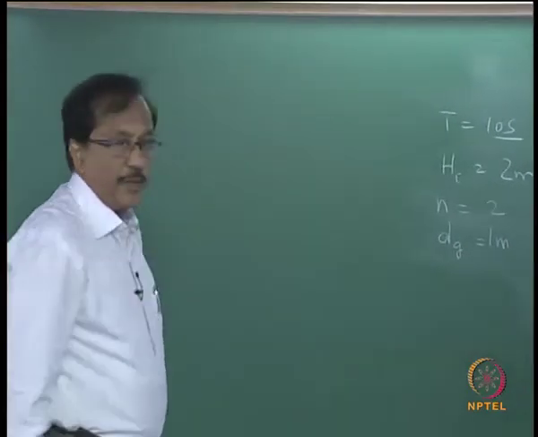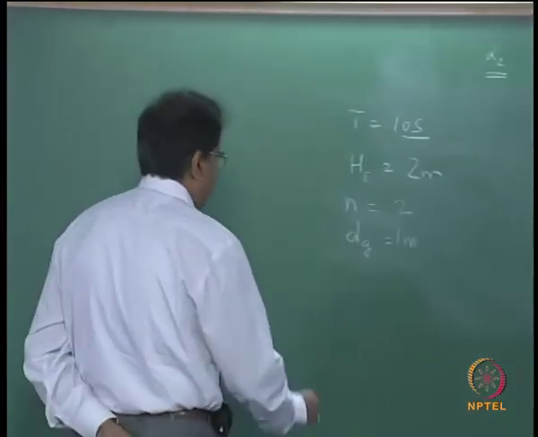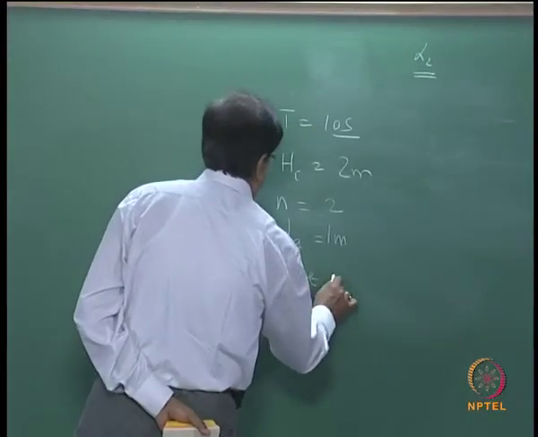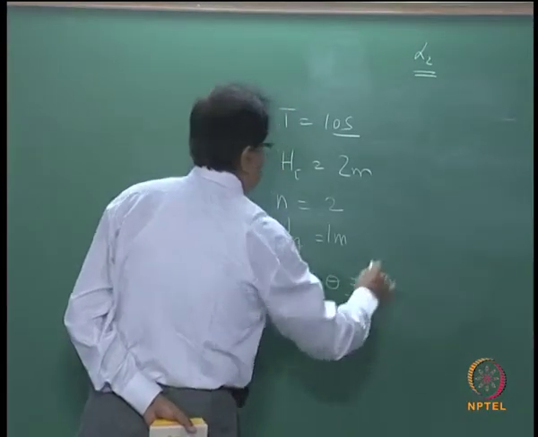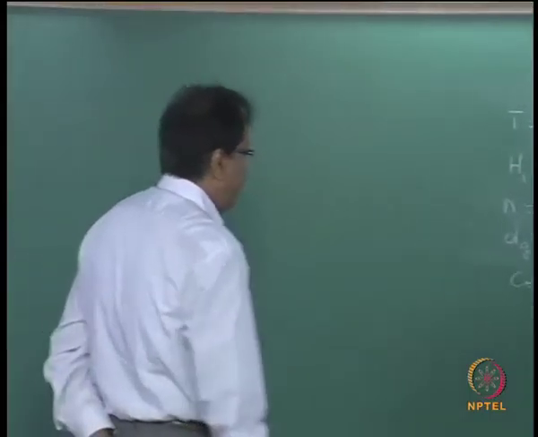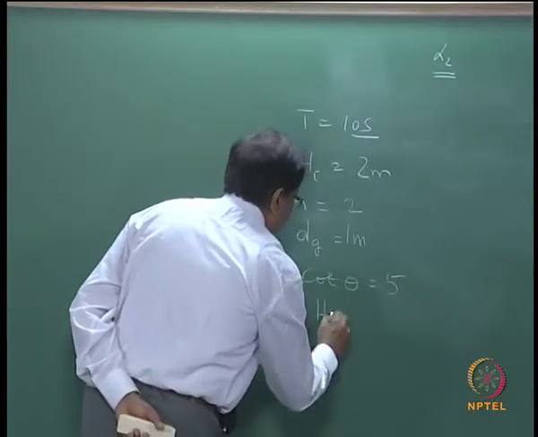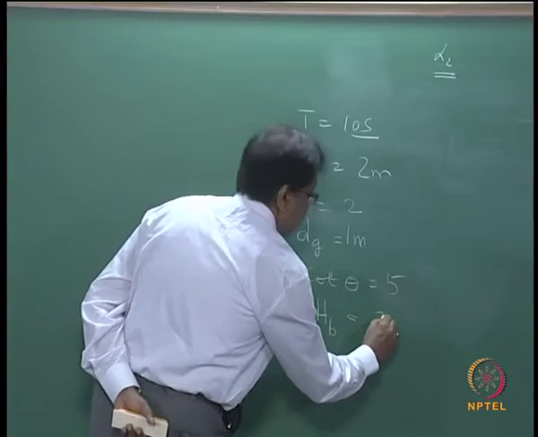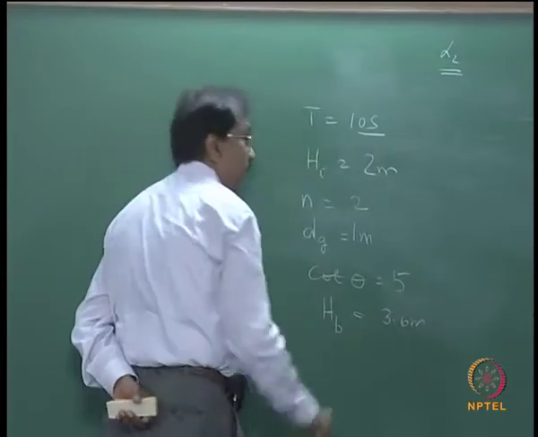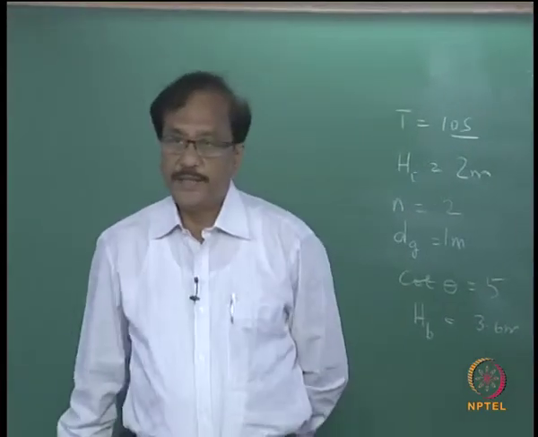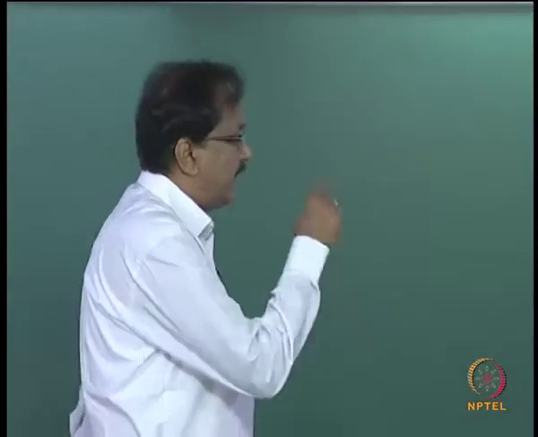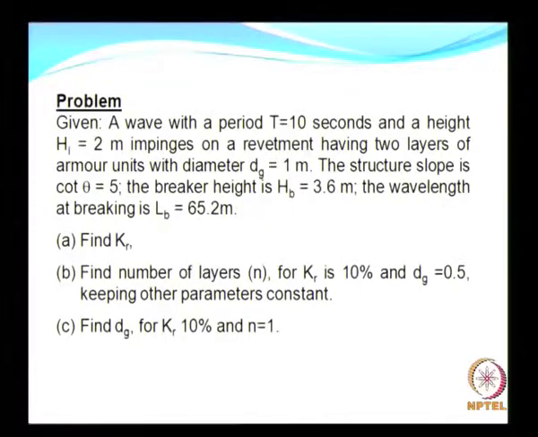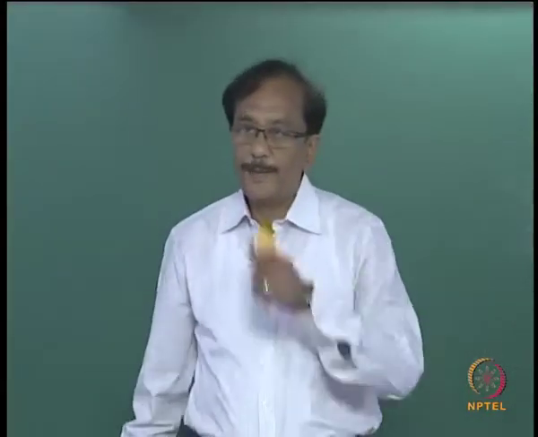Now, the structural slope cot theta is phi, the breaker wave height is also provided to you, and the wavelength at the point of breaking of the wave is 65.2 meters.